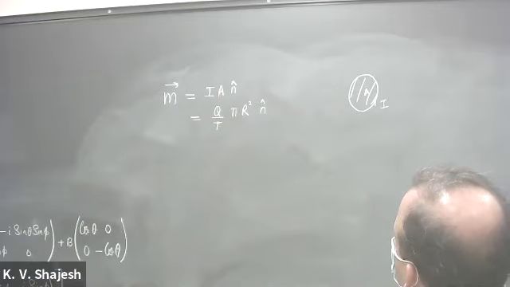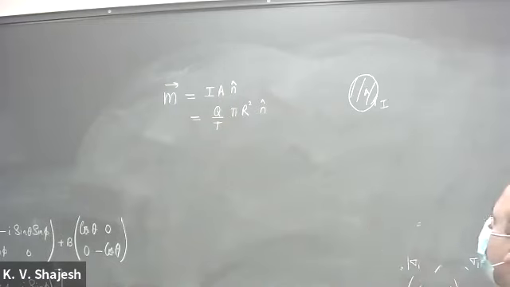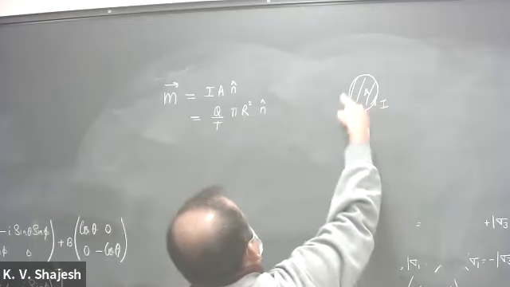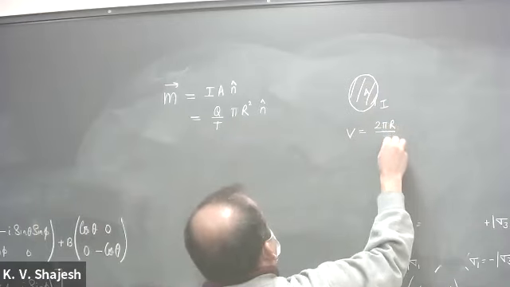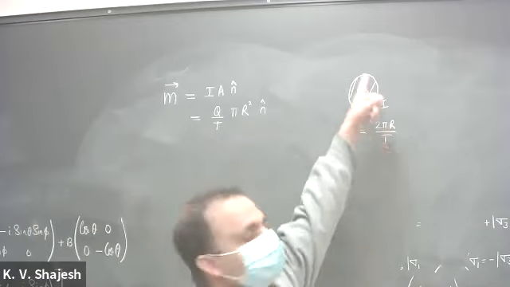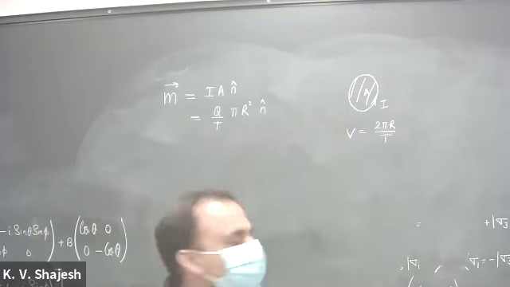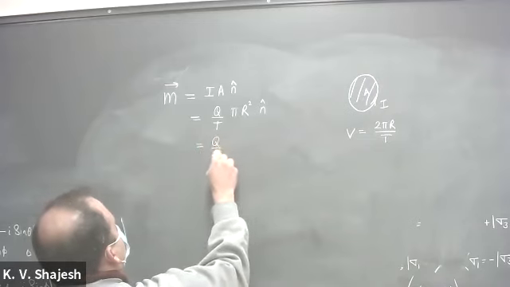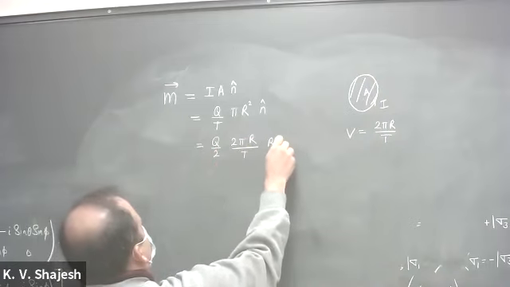The velocity of a charged particle going in this circle will be 2 pi r over T. Think of all these charges going in a circle, right? So that's equal to Q over 2 times 2 pi r over T times r times n hat.